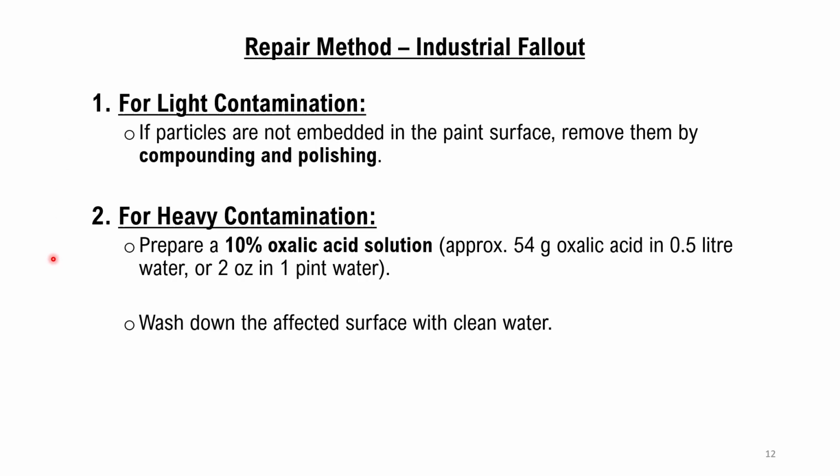Or if there is a heavy contamination, prepare a 10% oxalic acid solution, that is approximately 54 grams oxalic acid in 0.5 liter of water or 2 ounce in 1 pint of water. And then wash down the affected surface with clean water.